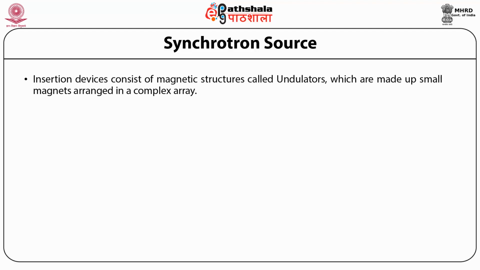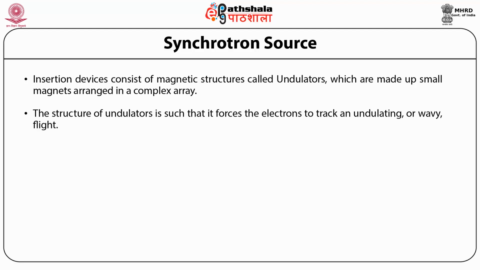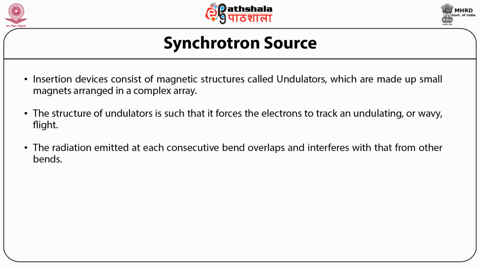Insertion devices consist of magnetic structures called undulators, which are made up of small magnets arranged in a complex array. The structure of undulators is such that it forces the electrons to track an undulating or wavy flight. The radiation emitted at each consecutive bend overlaps and interferes with that from other bends.